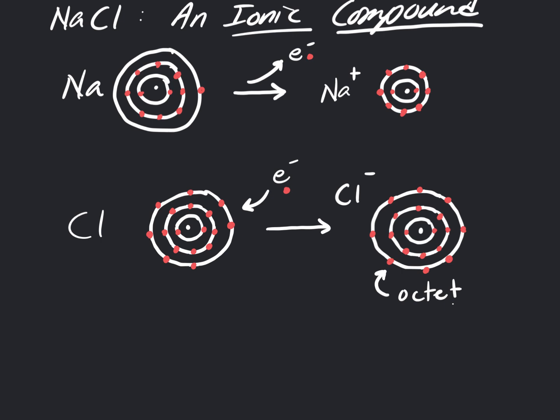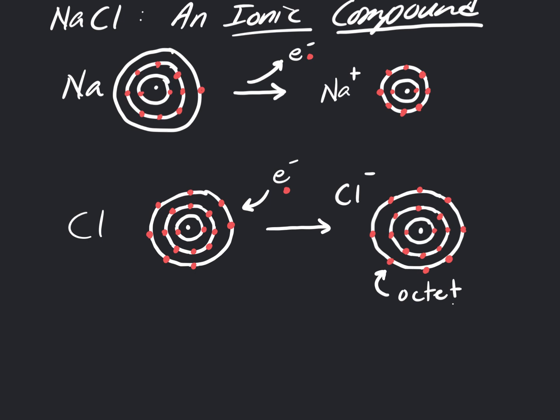I moved the word octet over to this ion of chlorine. This is a chloride ion. So chlorine took on 1 electron in order to obtain an octet in its outer shell. That means this chloride ion is very stable, and now this whole thing has a -1 charge.